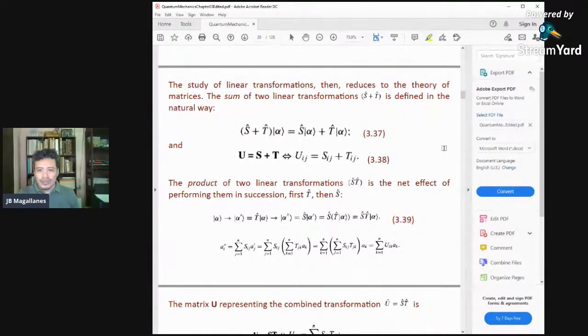And so if you have two transformations, for example S and T, then the sum of the transformation is the transformation of the sum.